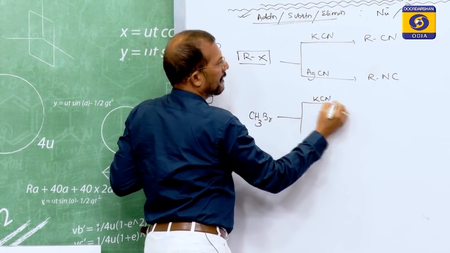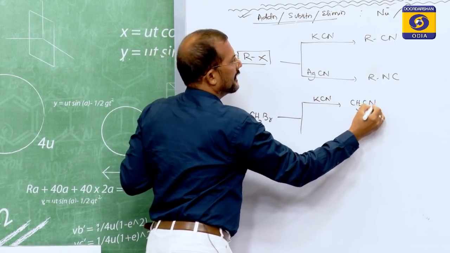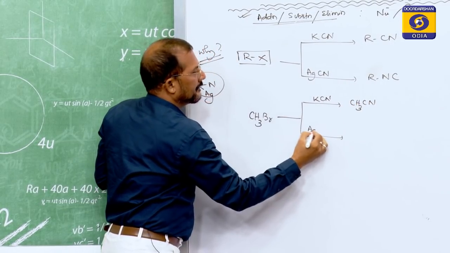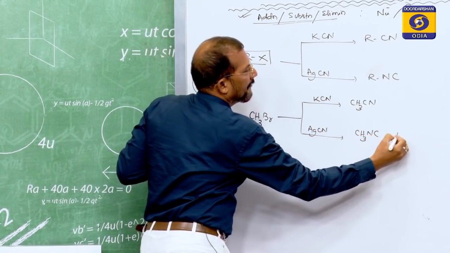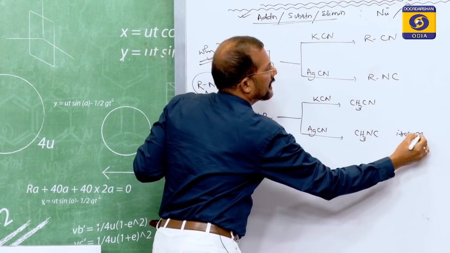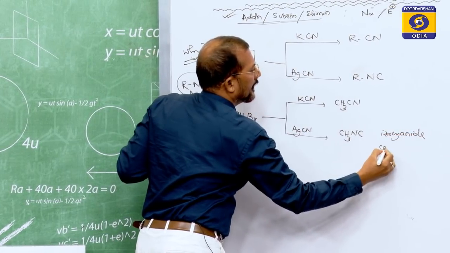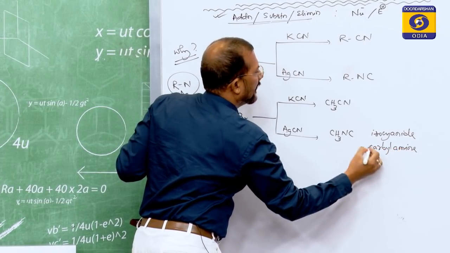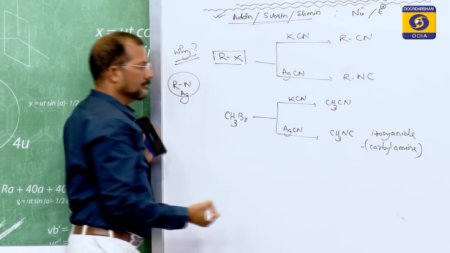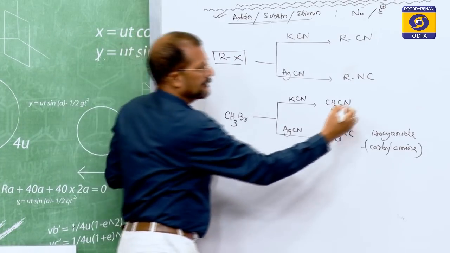Suppose it is KCN, it produces CH3CN. If it is AgCN, it produces CH3NC, an isocyanide or carbylamine compound. It is a very odd smelling compound.